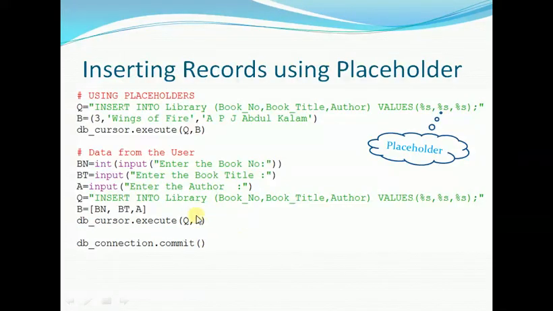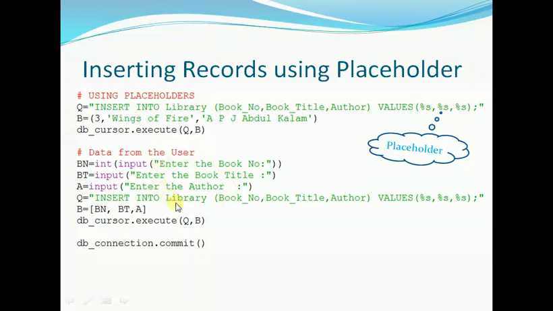Then here we are using the placeholder in another way. We are entering the book number, title and the author from the user. We are asking the user to input the book number, title and the author.